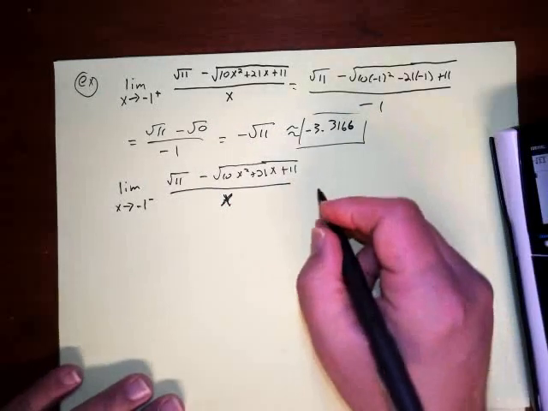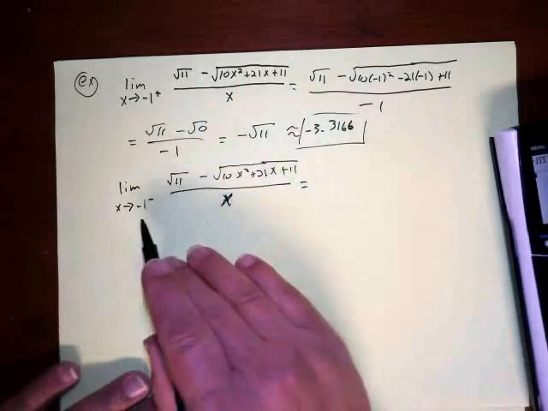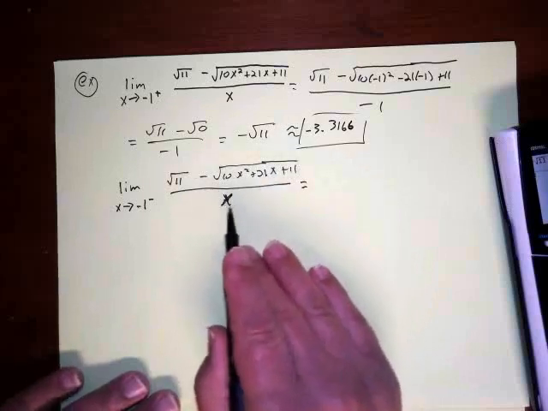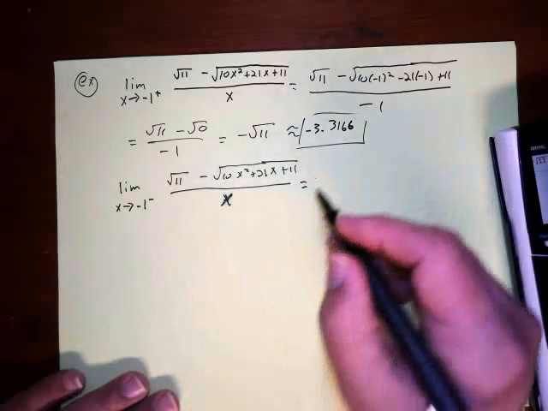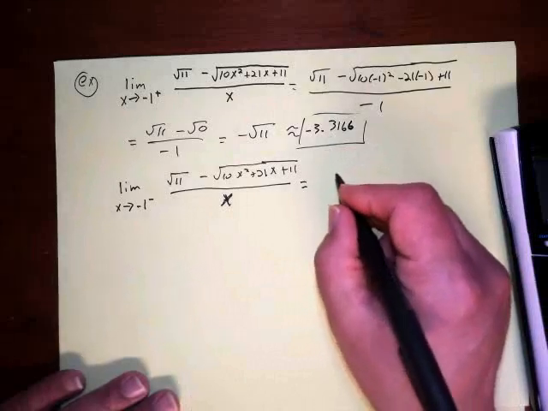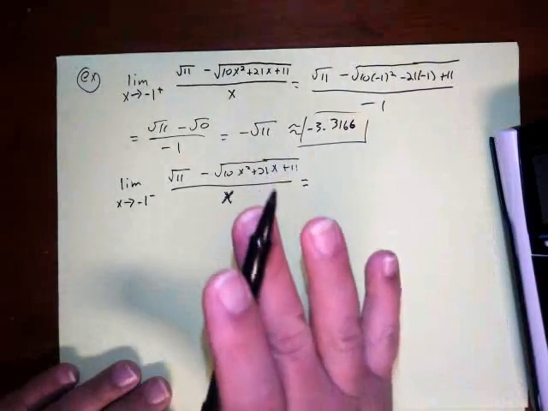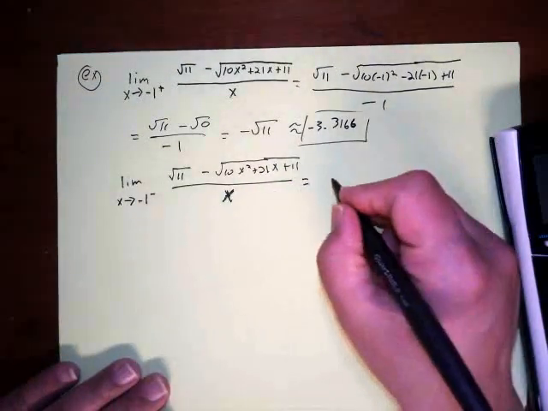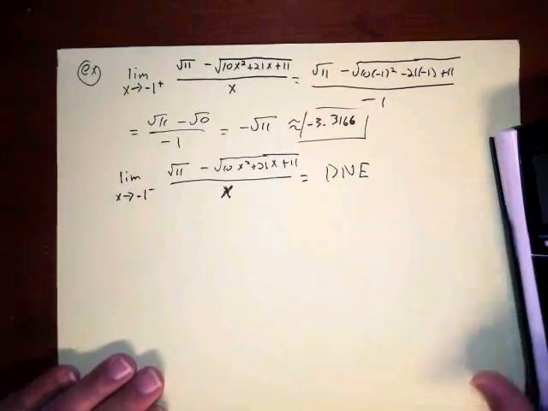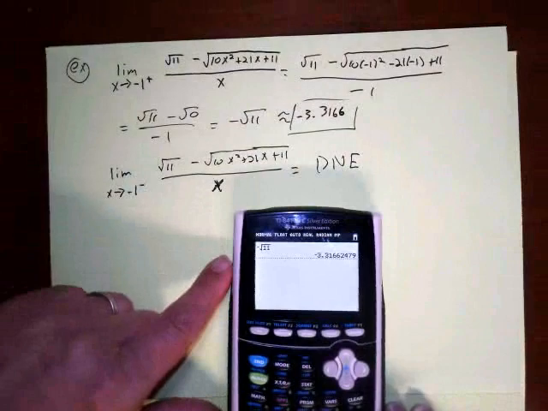So the question is, would this limit exist? And if I use the same logic as I did up here, I could plug in negative 1. I don't get any negatives under the square root sign, no 0 in the denominator. So it seems like this should also equal negative square root of 11. But in this case, it actually does not exist. Why is this? This is a really interesting example. This is a good example to know. Okay? Let me show you.